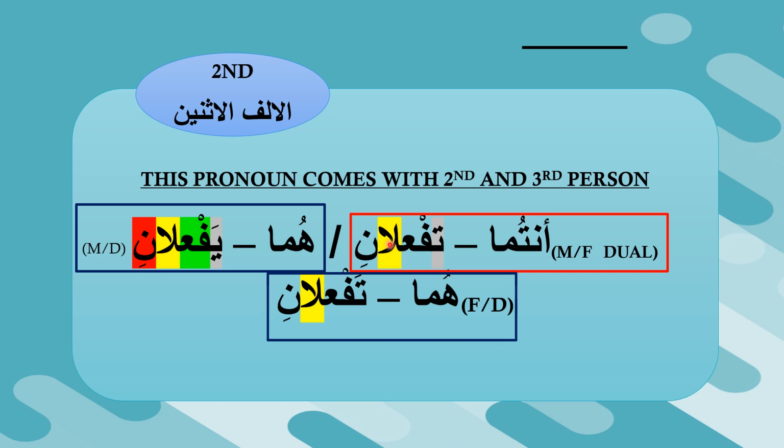And then the pronoun is aliful ithnain. The pronoun here will be only alif and not the lam. I couldn't highlight only the alif, so I had to do it with the lam also. But here the alif is the only pronoun representing the number of people.